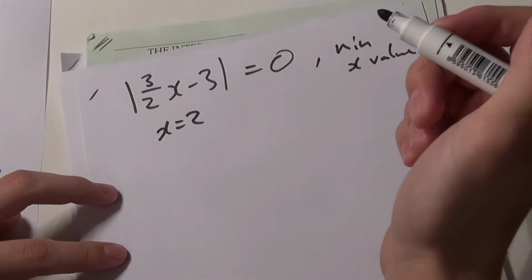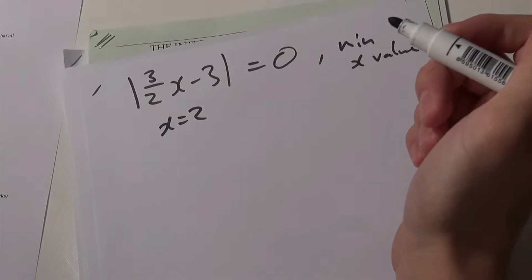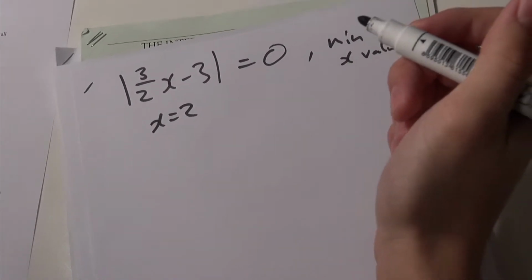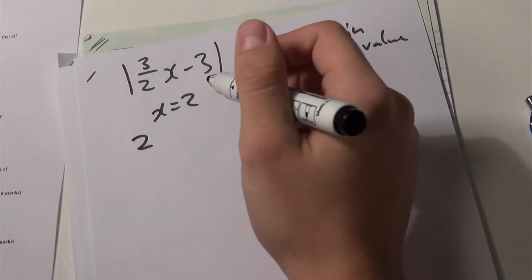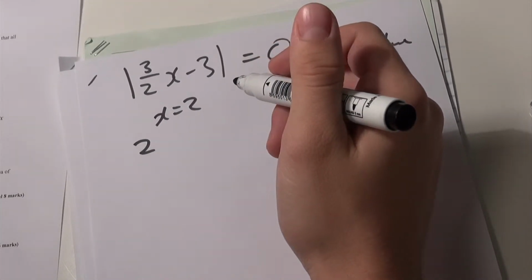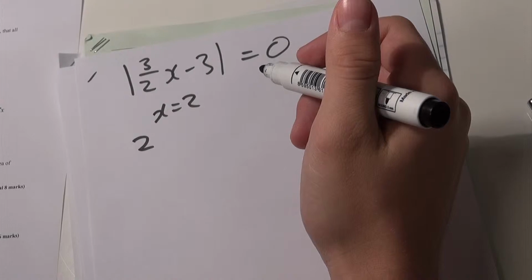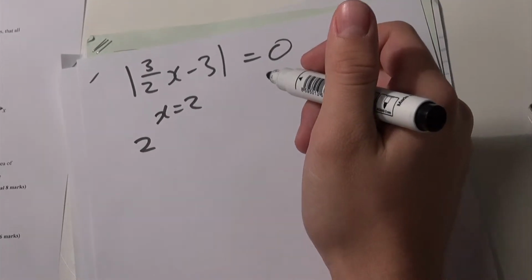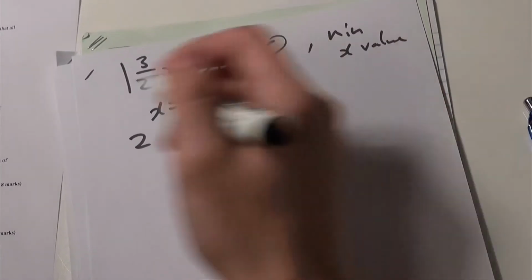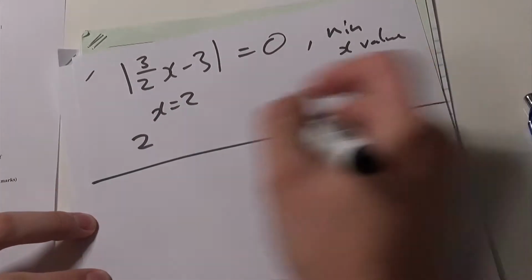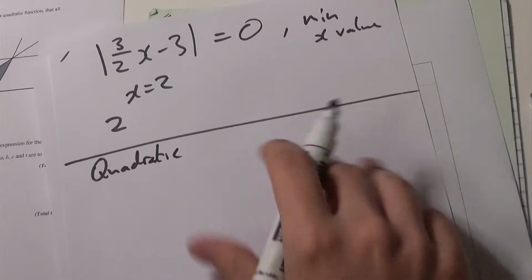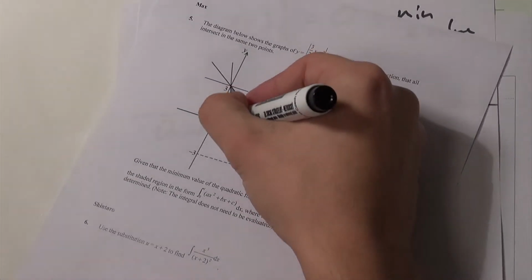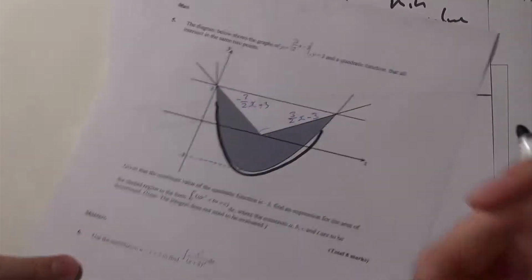Now that we know that the vertex of x is essentially at 2 in this curve, we can now try and solve the quadratic equation, because we know that the vertex, I'll just put the quadratic equation here, that's the quadratic equation of this curve right here.